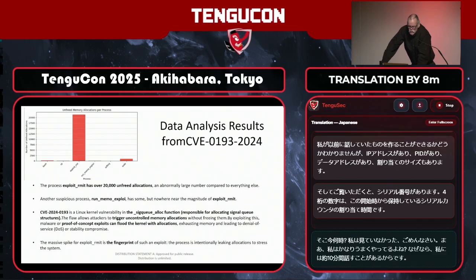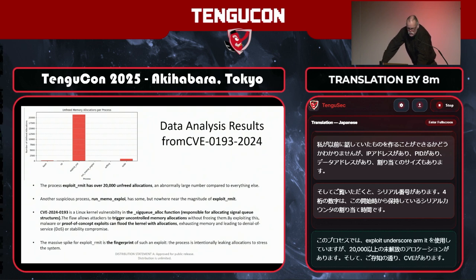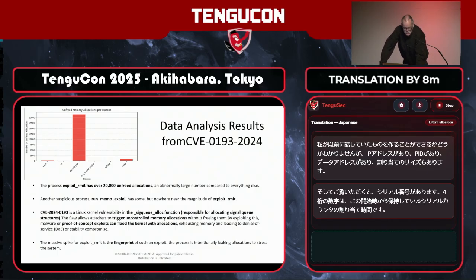The process exploit_RMIT has over 20,000 unfreed allocations. CVE-2024-0193 is a Linux kernel vulnerability in the sigqueue alloc function, and the flaw allows attackers to trigger uncontrolled memory allocations.